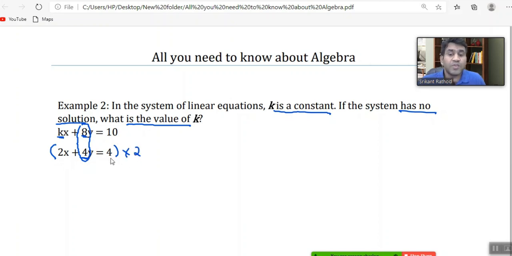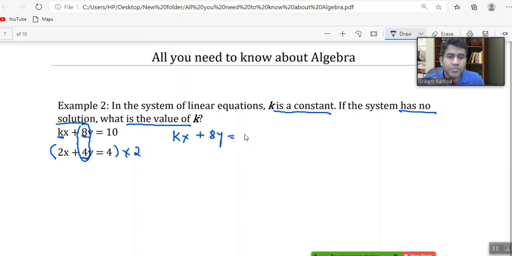If you are multiplying, you should multiply the entire expression, not only the coefficient of y. You have to multiply the entire expression. So now the first one I am writing as it is, kx plus 8y is equal to 10, and the second expression is going to be 2 times 2x, which is 4x plus 8y is equal to 8.